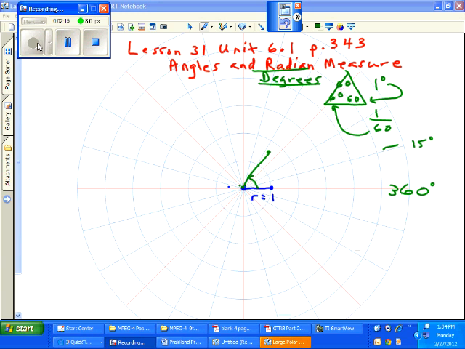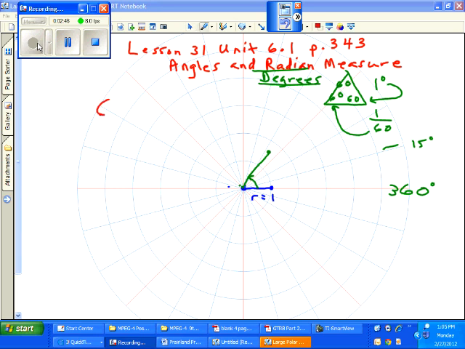But there's times that we don't need to really consider how big that angle is according to the amount of rotation that has occurred. We need to think about how big that angle is in relationship to how far around the circle we went. In other words, could we talk about angle measure in terms of arc length, how far around we went? Now let me just show you what I'm trying to say here.